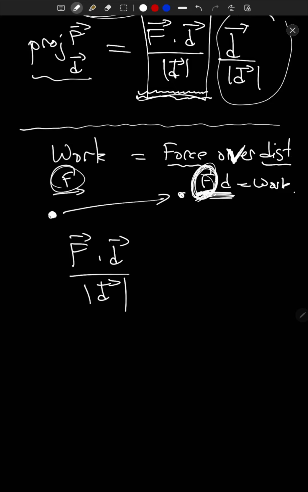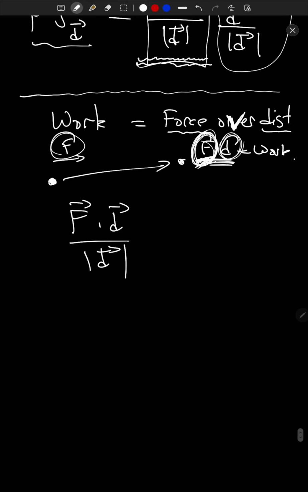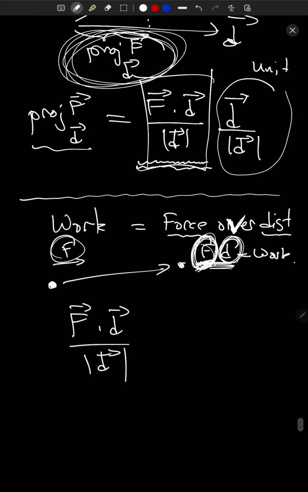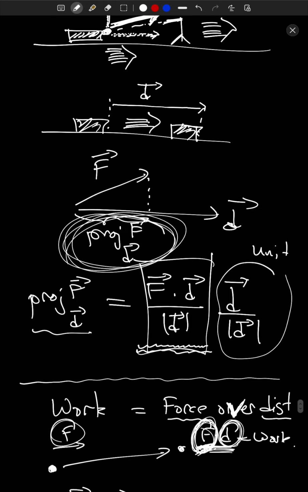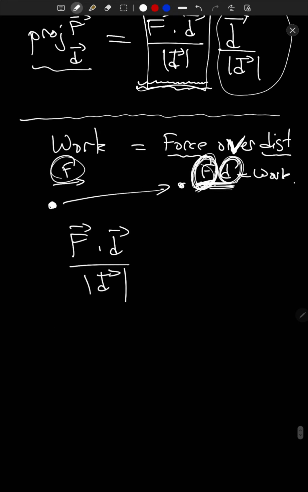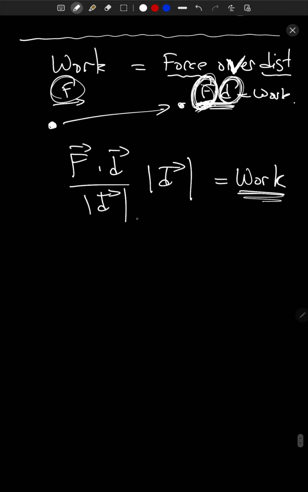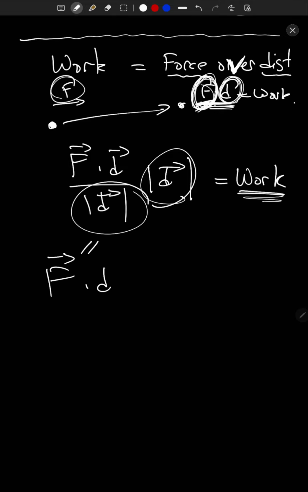And if we multiply by D, that's how far the object moved, which is the length of my vector D. So this is what you would have called in high school physics the work. And notice, these two D's cancel, and so it's actually equal to just F dot D.